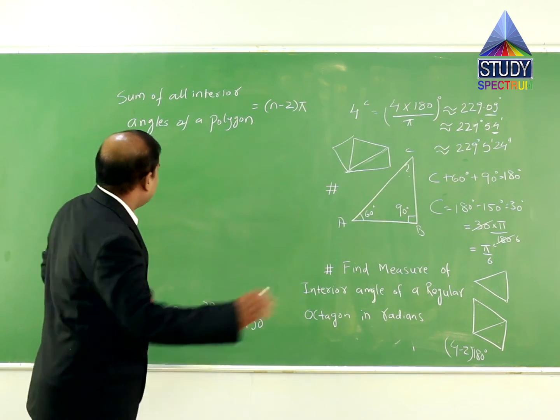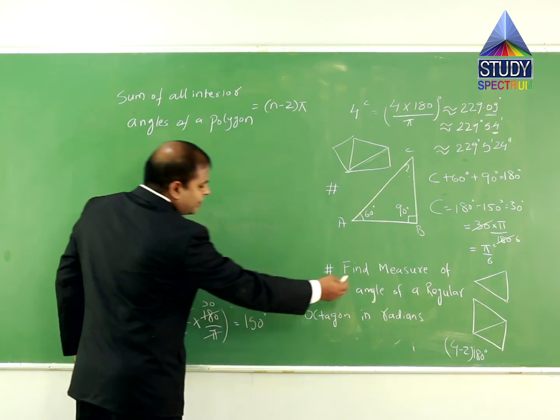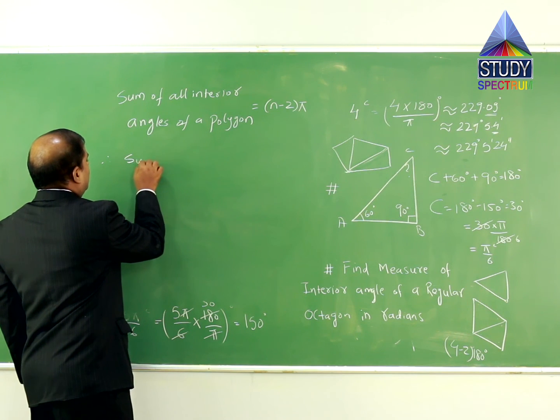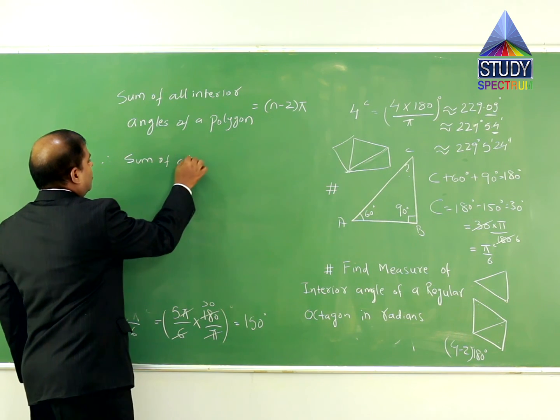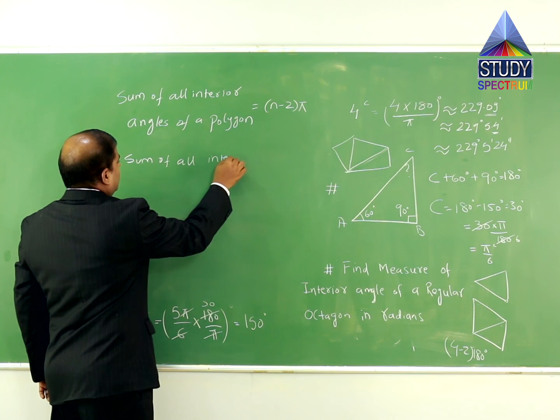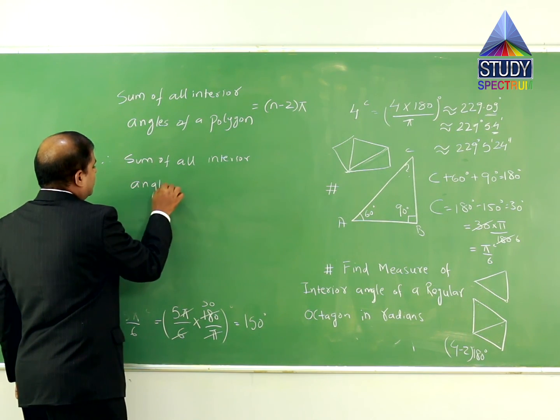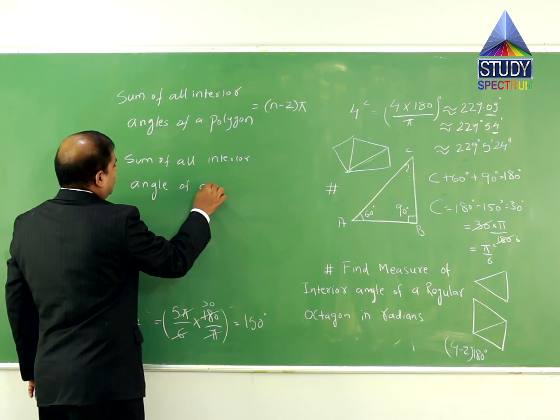Right? Therefore, the polygon given to us is an octagon. Therefore, the sum of all interior angles of an octagon.